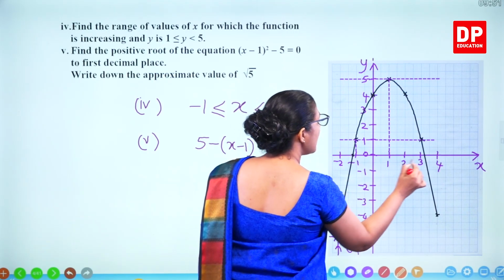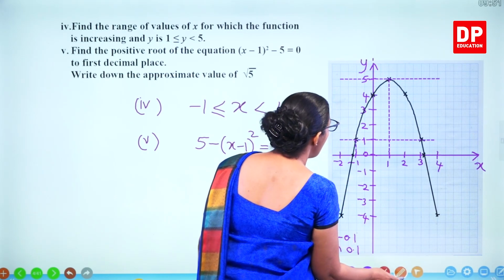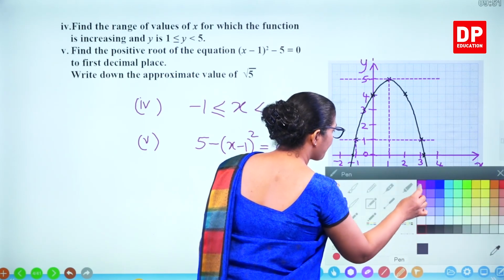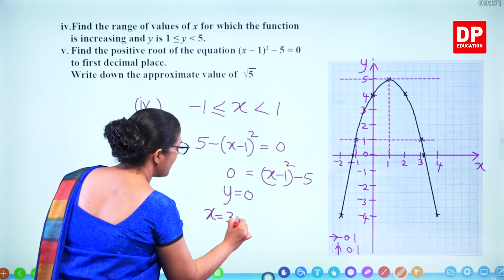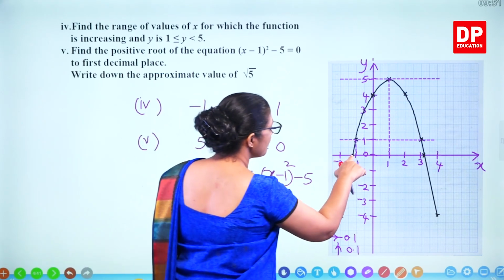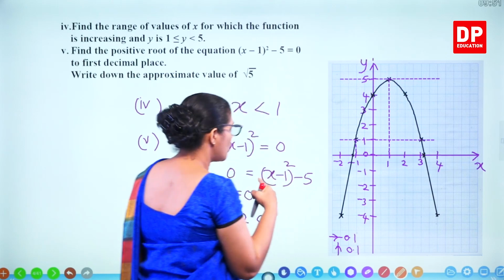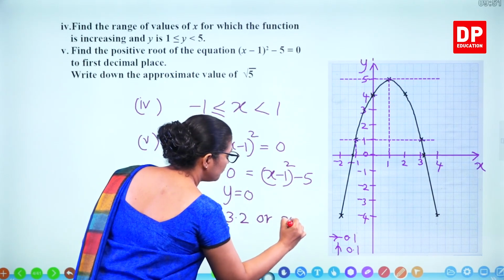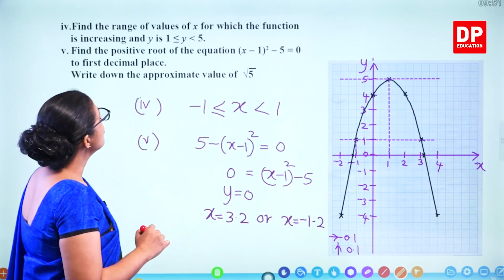This point and this point. 3.2 or negative value minus 1.2. Those are the 2 solutions.